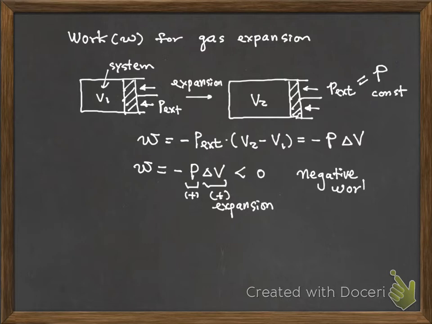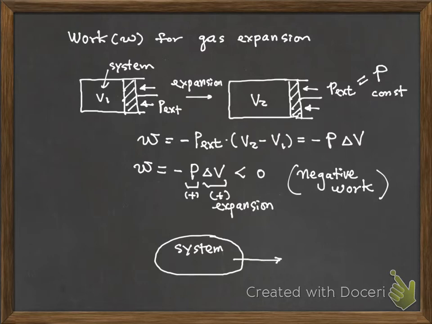This has something to do with the notation we developed, as I talked about in part 1 of my pre-lecture. Let's say this is a system, and the system is doing work on the surroundings, and that's a negative work. If work is done onto the system, that is a positive work.